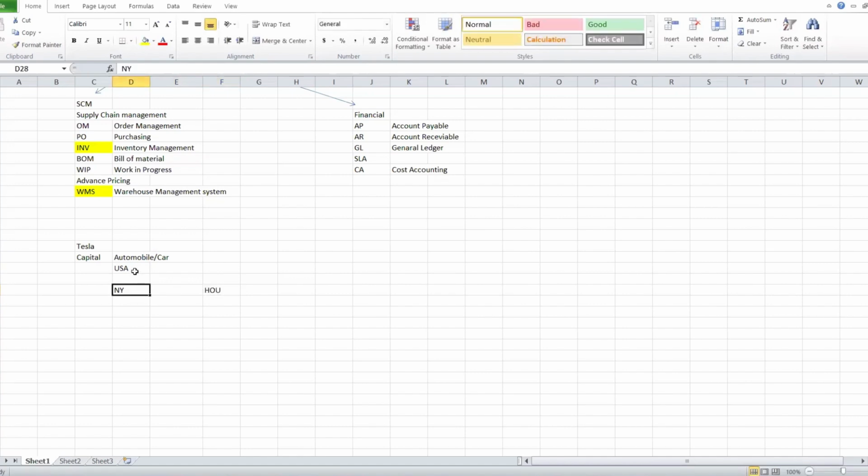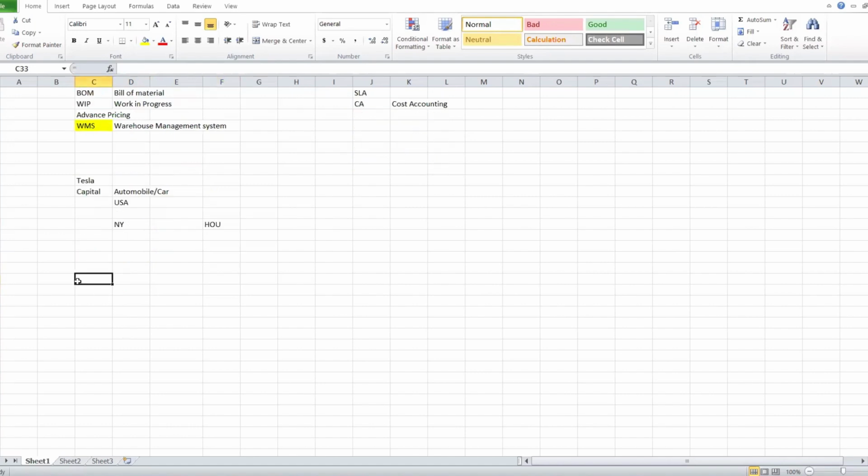Now, tax will be applied at the country level, right? That is at the USA. Now, each and everything is subdivided state-wise as well.